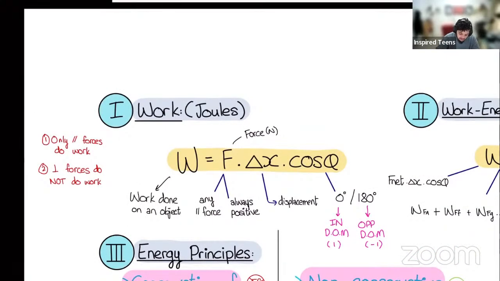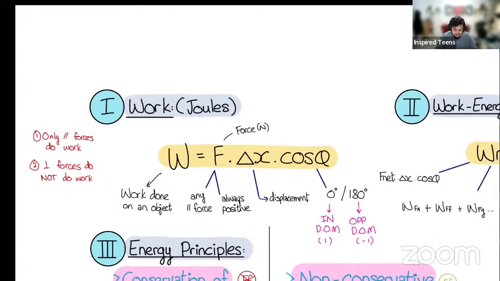Any parallel force we can substitute into this formula to calculate the work that it does on an object, but we cannot substitute a perpendicular force, because a perpendicular force will never do work.